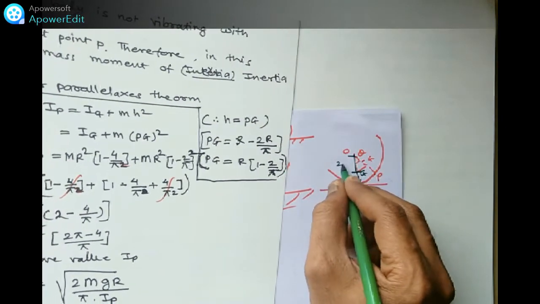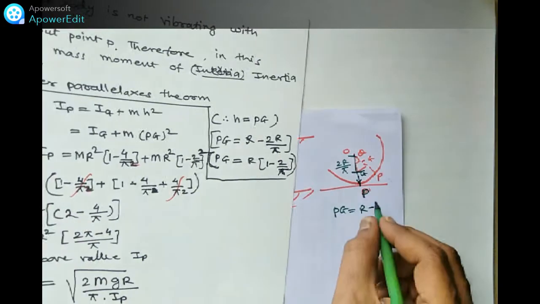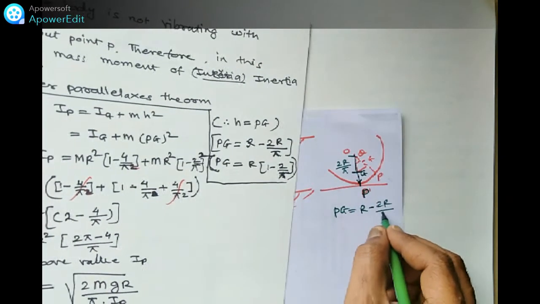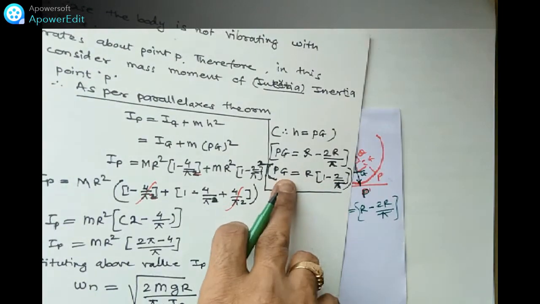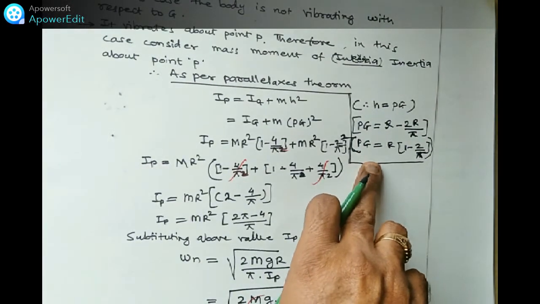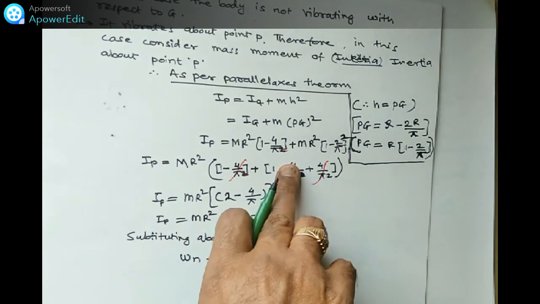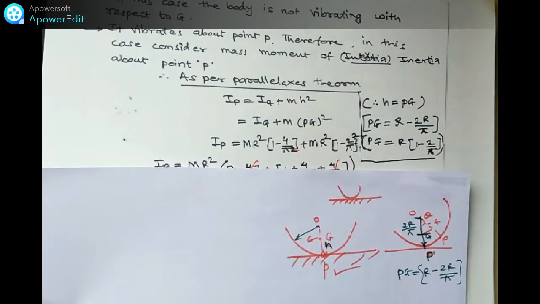So subtracting 2R by pi from R, we can calculate the distance PG. Then we need m into PG square.